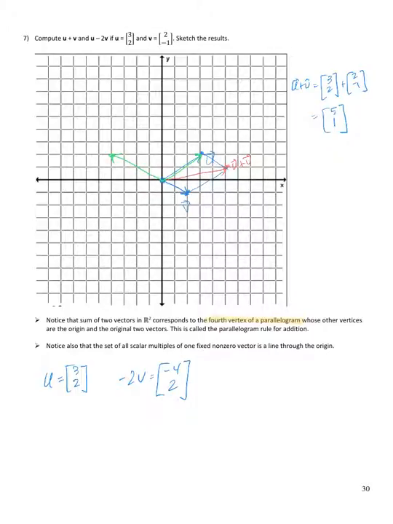And if I add them together, U minus 2V, 3 plus negative 4 is negative 1, and 2 plus 2 is 4. So I get (-1, 4) right here. It is the fourth vertex of a parallelogram containing U and negative 2V and the origin. Get a parallelogram.